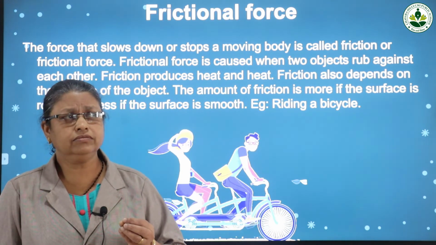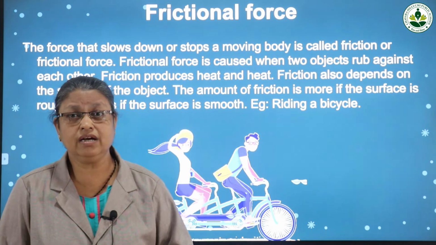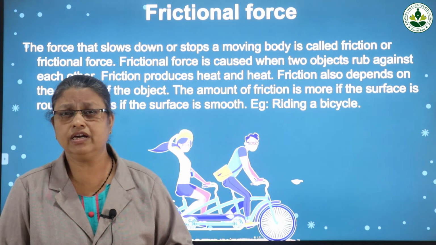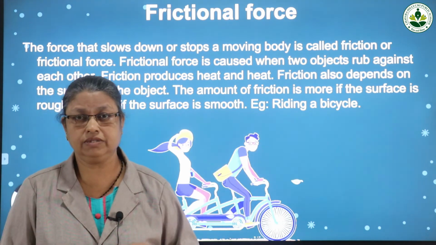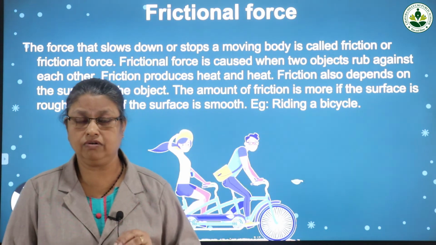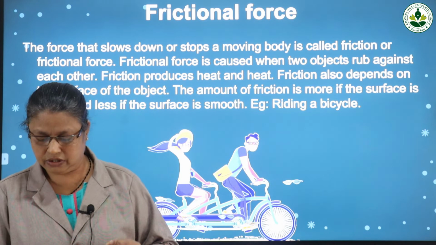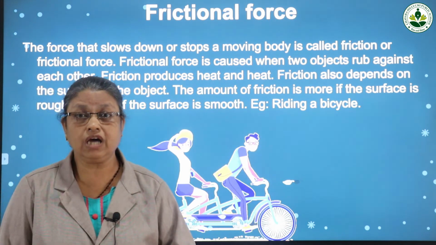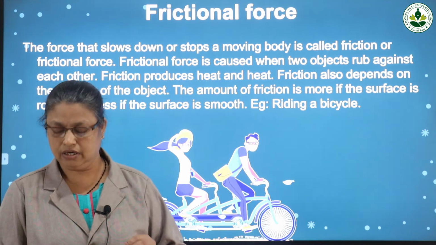When we are riding another vehicle, when we apply brake, the speed of the vehicle will be changed. It comes down. The speed will be coming down, isn't it? So, this friction is used to slow down or stop a moving object.